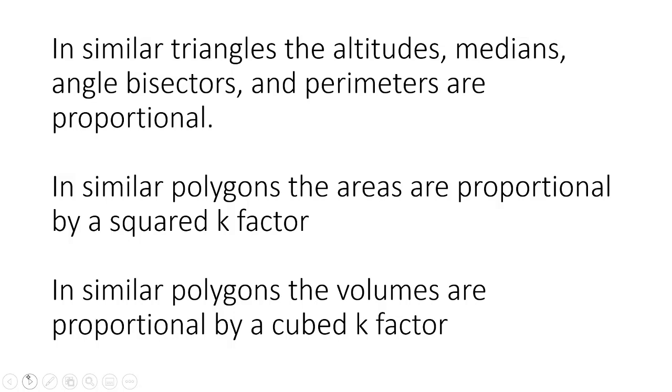In similar triangles, not only are sides proportional, but also the altitudes of the triangles, the medians, and angle bisectors. Perimeters are also proportional.